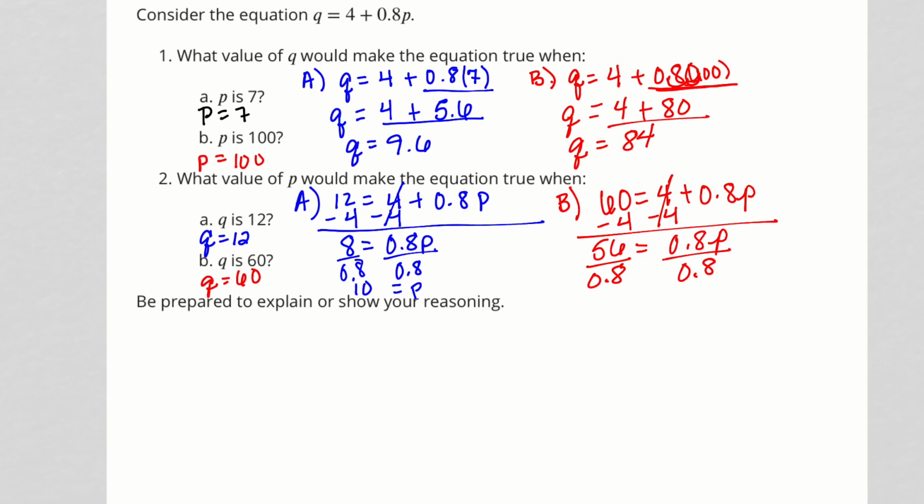I know that 56 divided by 8 is 7, so I'm just going to add a 0 to that. So we're going to have P equals 70.